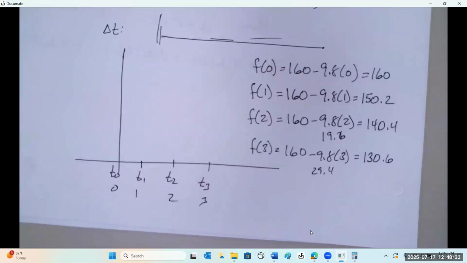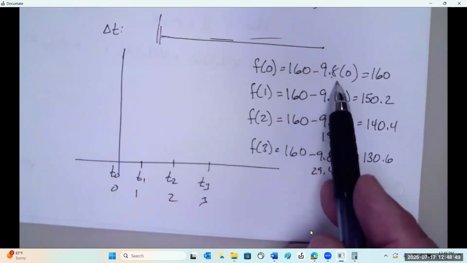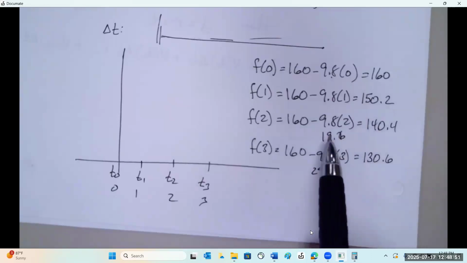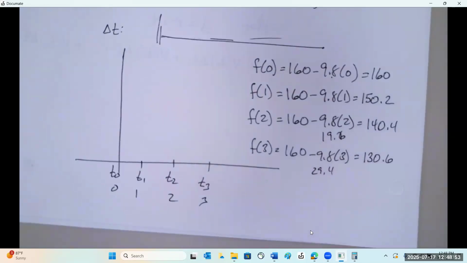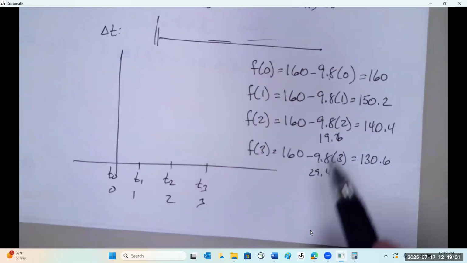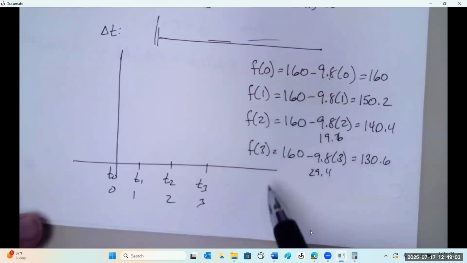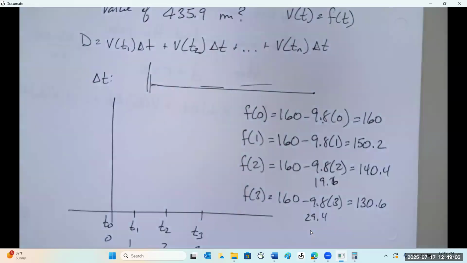So what do you notice about our velocity? It's decreasing. Why? If it's shot straight up, what's the constant force acting upon it? 9.8 is gravity. So the longer it stays up in the air, the more gravity acts against it. All right, so those are all of our velocity values.